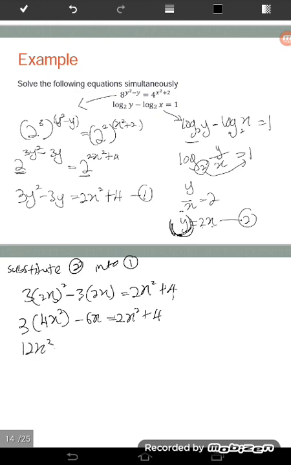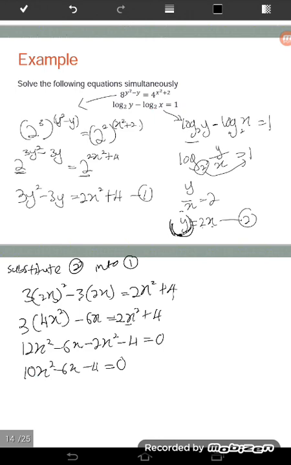And then minus by 6x, this one bring to the left, become minus 2x square, and positive 4 bring to the left, become minus 4, which is equal to 0. Then 12x square minus 2x square become 10x square, minus 6x minus 4 is equal to 0. Dan factorize. Okay, so korang gunalah calculator untuk factorize. So saya tak ada calculator ni.